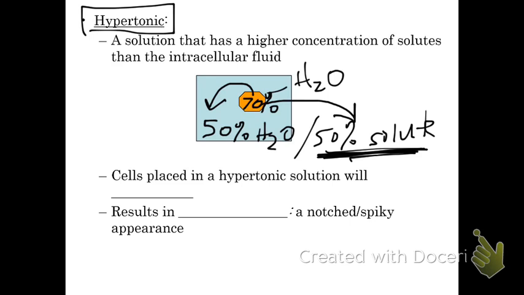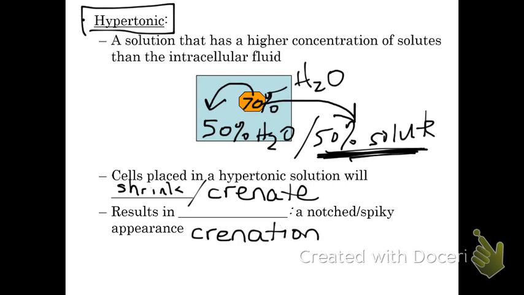The cell's going to shrink. So cells placed in a hypertonic environment will shrink. Now the word for that is the cell is going to crenate, or it's going to undergo crenation, right?